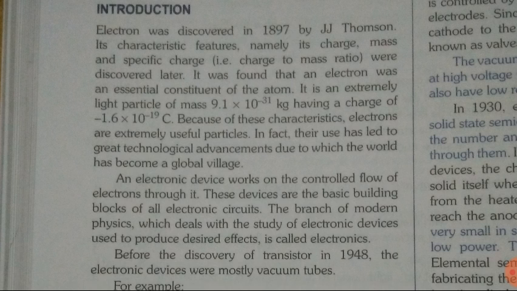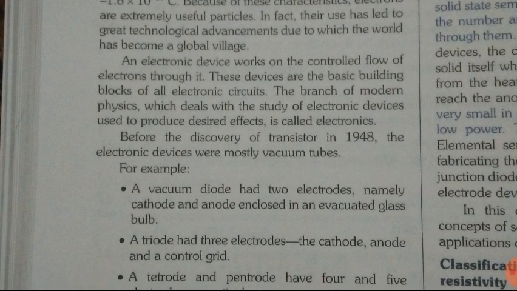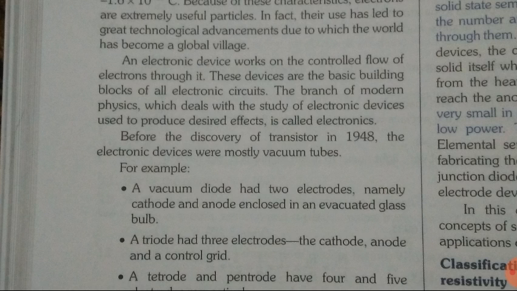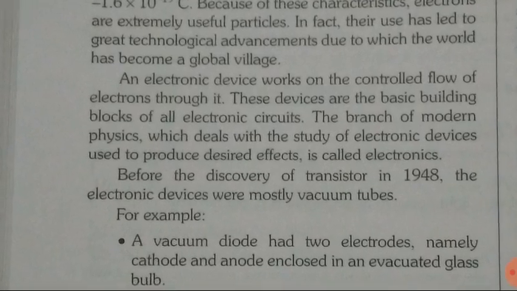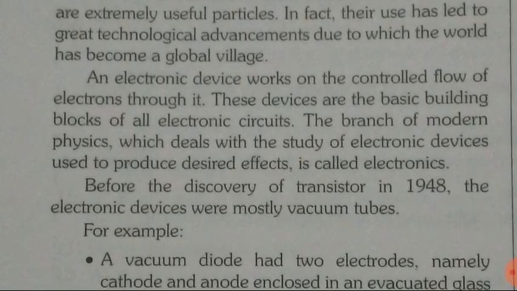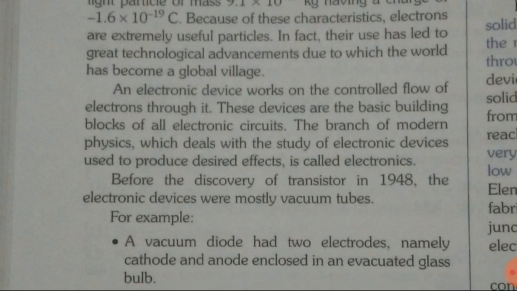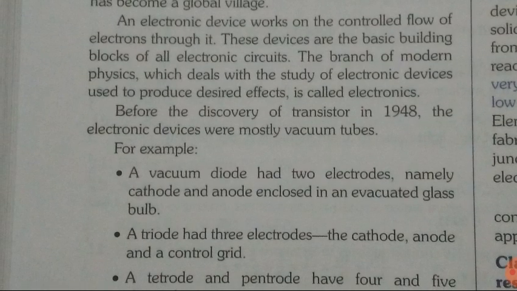It is an extremely light particle, but because of its different characteristics, it is a very important particle. In fact, its use has led to great technological advancements, due to which the world has become a global village. So whatever technology we have achieved till now, that is because of the properties of electrons.